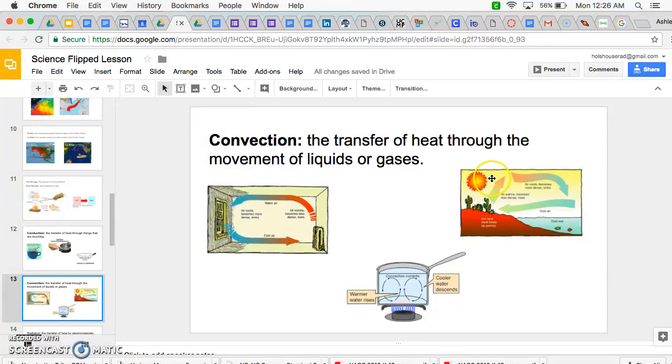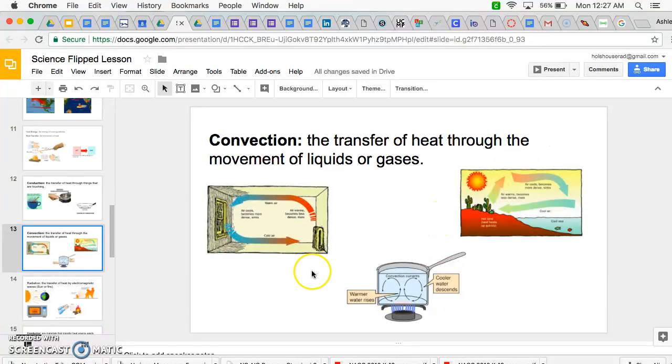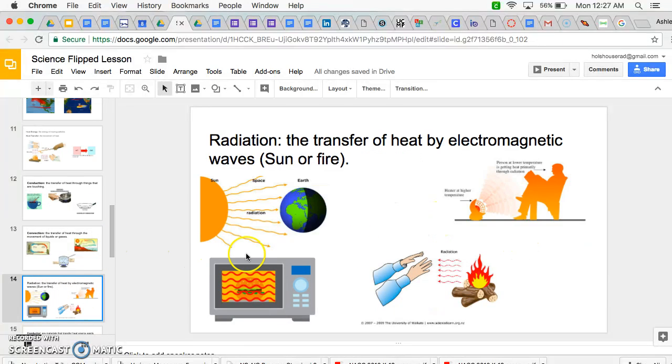Hot air rises, moves out over the water, cools off, sinks, and then moves back over land, and that cycle starts again. This is called sea breeze. The cycle changes at night because the water is actually warmer than the land, and the air over the water is warmer, and it moves the other direction. We'll talk more about land and sea breeze later in the year, but that is an example of convection.